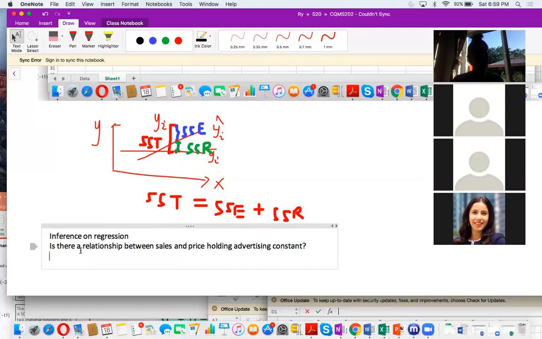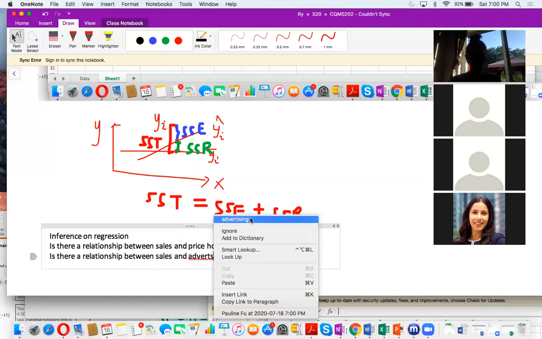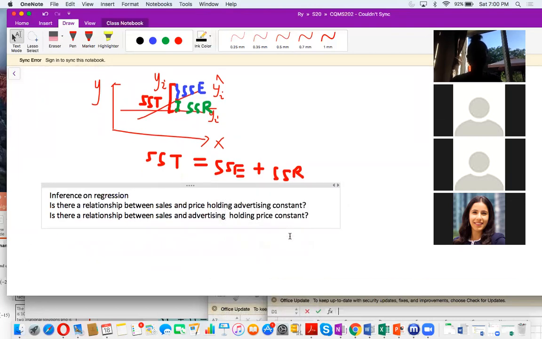And the other question, is there a relationship between sales and advertising, holding price constant? Advertising typo here. So let's answer the first question. The second question would be similar. Let's call this question 1, and this is question 2.